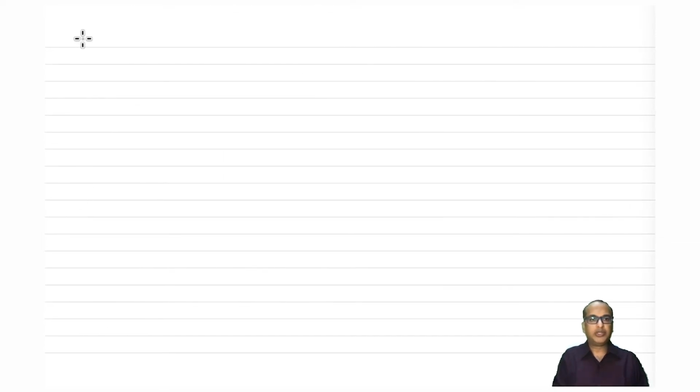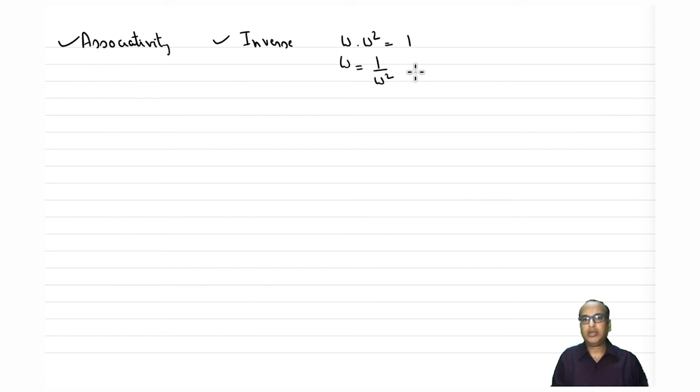Similarly, you can show associativity will hold, right? That is not to be shown now, you can show it, and also inverse. We can say that omega into omega square is equal to 1. So that means omega is equal to 1 by omega square.